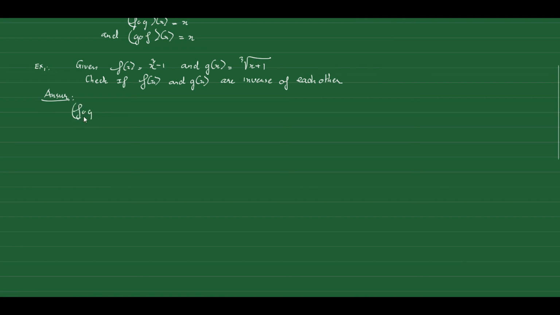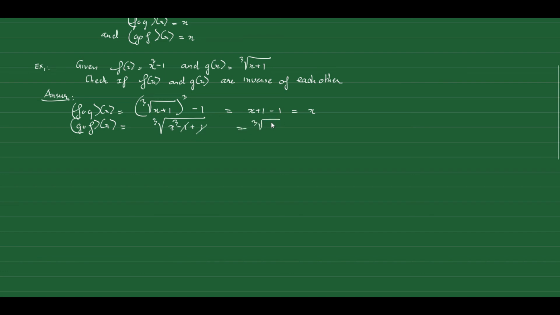First of all, compose f with g first. I'm going to plug them in. So I have the cube root of x plus 1, raised to the third, which gives you x plus 1 minus 1, which is x. That's good, but we have to do the second one. So g of f of x: I have the cube root, and I put the whole function in there, so x cubed minus 1 plus 1 cancel.